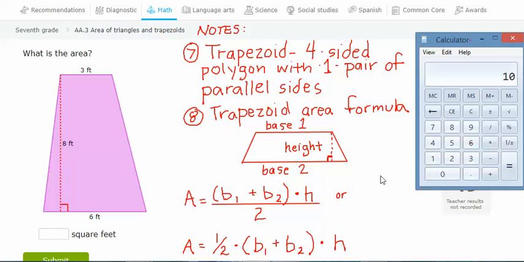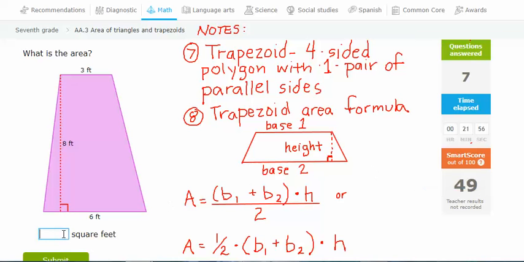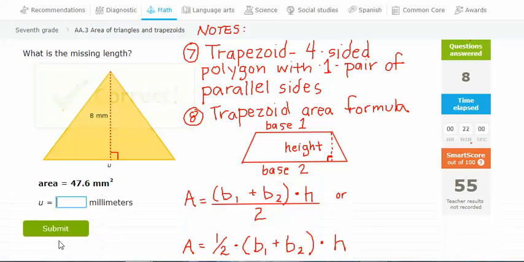All right, last example, 3 plus 6 times 8 divide by 2, 36. All right, there you go.